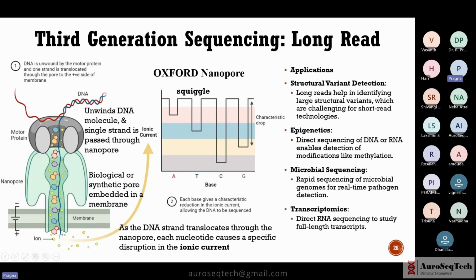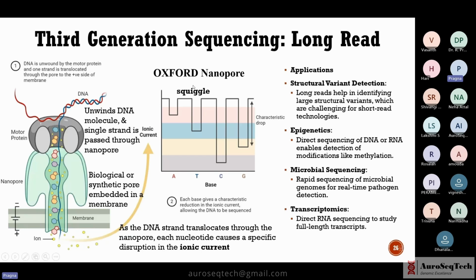Whenever a base passes through the nanopore, there is a change in ion current which gets captured, and it gives a pattern called a squiggle. For each base, it gives a different kind of pattern. For example, AT, CG, as you see, different types of drop we see in the sequencer. That's why we call it real-time sequencing.